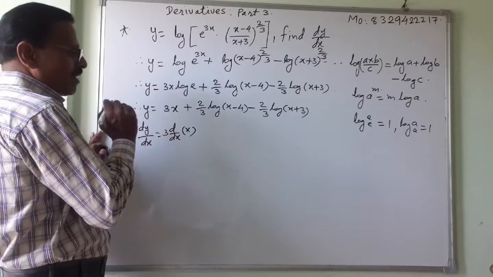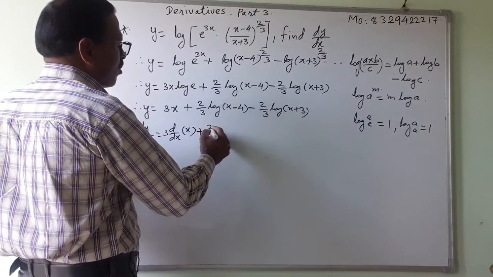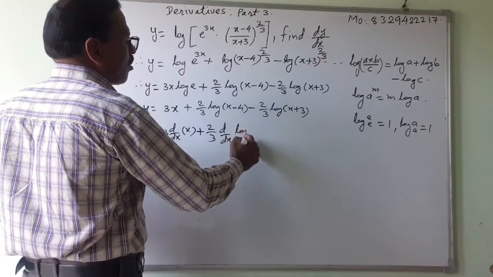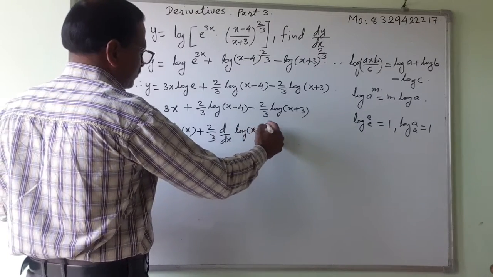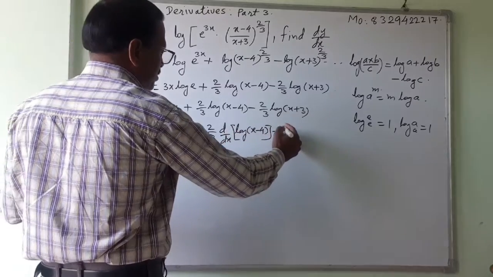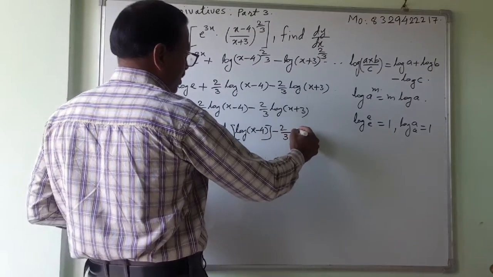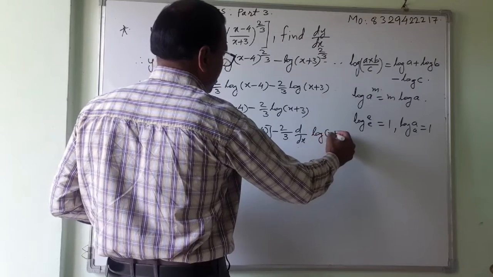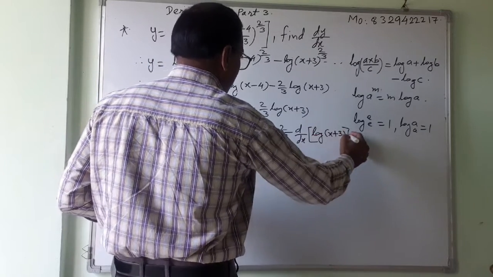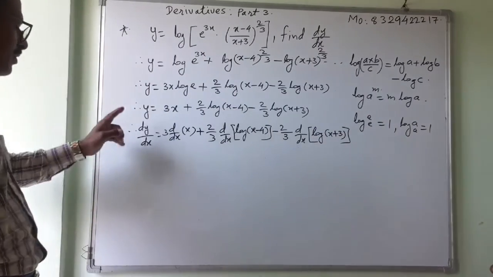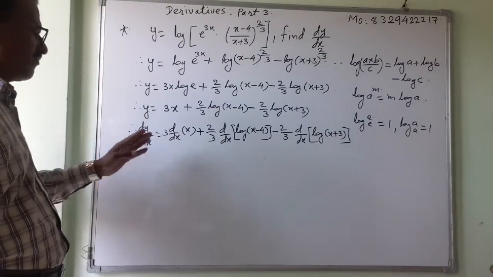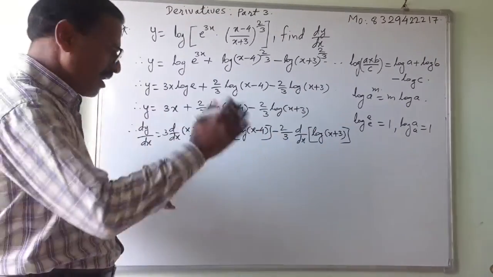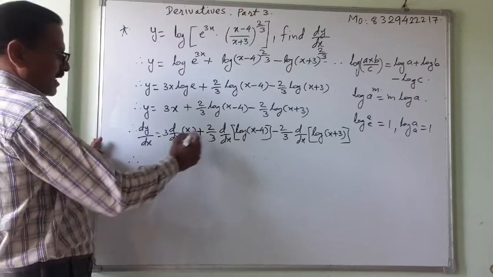So 3 into d by dx of x plus 2 upon 3 into d by dx of log of (x minus 4) minus 2 upon 3 into d by dx of log of (x plus 3). I have only written that I am going to take the derivative, still I have not taken it. Now I am going to take the derivative.